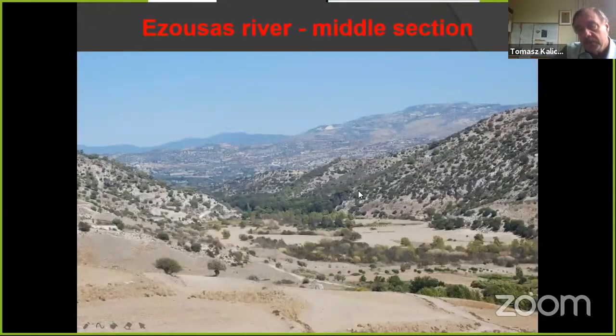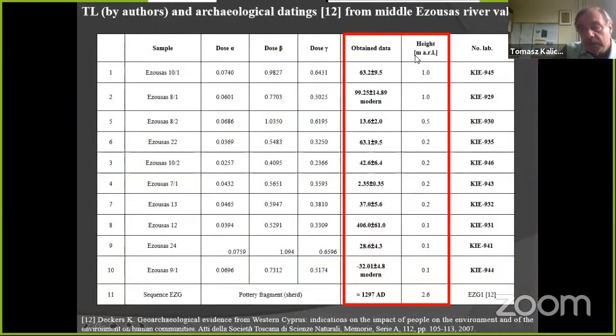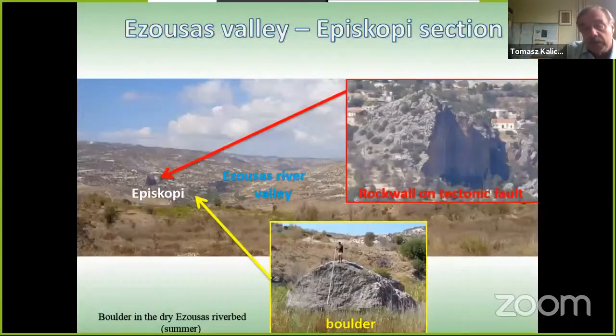In the middle section, this is the landscape. Looking at the TL datings, we have datings starting from 400,000 years to the present day, and practically in one morphological level we have different cut and fill alluvial bodies in this territory.